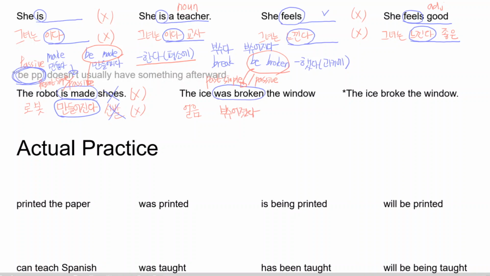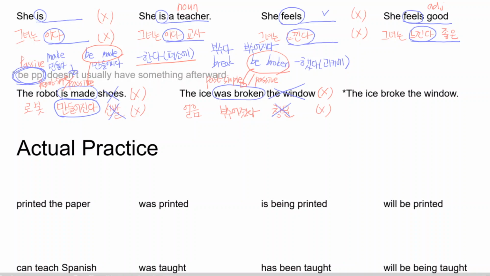So 얼음, 부수어졌다, 창문. It doesn't make sense, right? So do we draw a little line here or not? Not, right? So here again, the window shouldn't be here. It should be gone, right? So 창문 shouldn't be here.